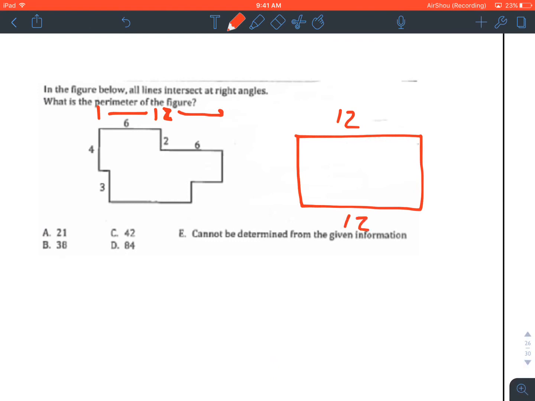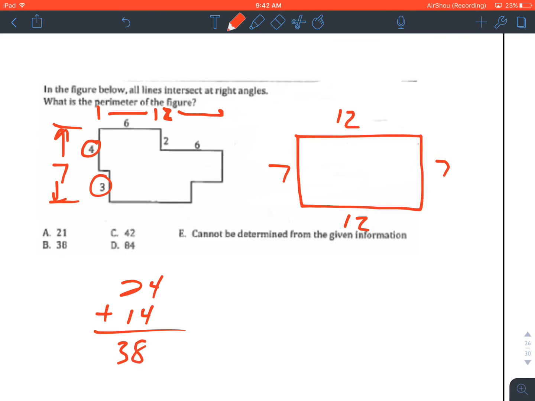If you take the height or width of the rectangle, depending on your perspective, it's 7, because 3 and 4 make up the left side. That means that the right side has to also make up a total length of 7. So the perimeter is simply 12 plus 12, which is 24, plus 7 plus 7, which is 14, makes the perimeter 38. Hope that makes sense.